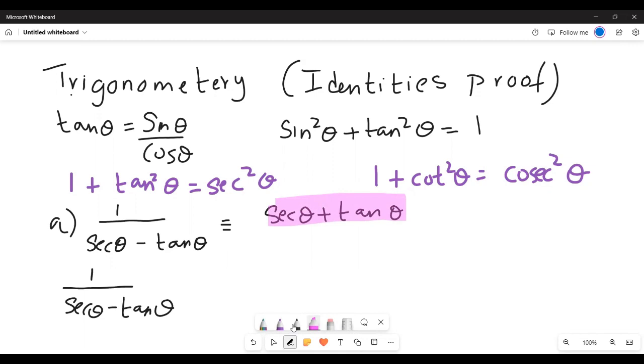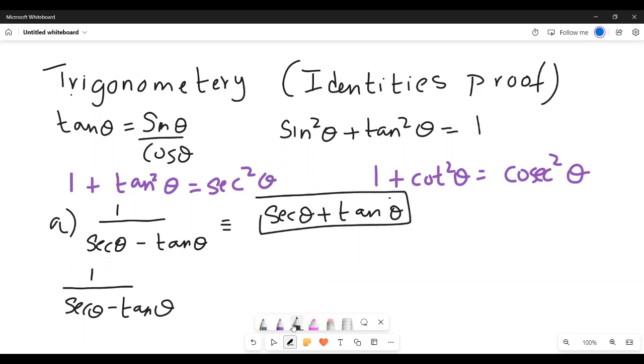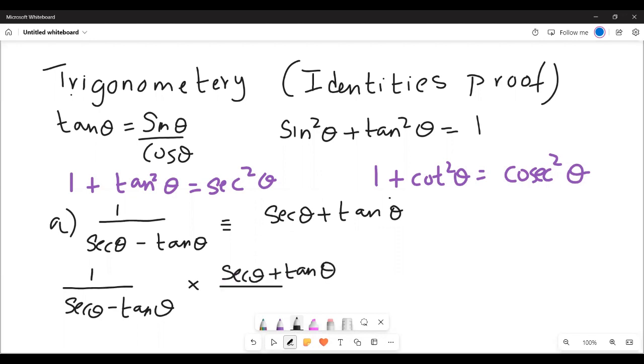The numerator is secant theta plus tan theta. And at the left-hand side, the numerator is 1. So what we can do is multiply and divide the left-hand side by secant theta plus tan theta, because our objective is to get this in the numerator.